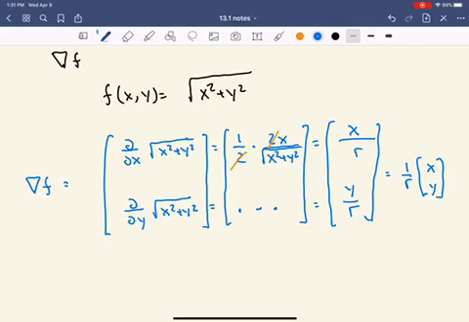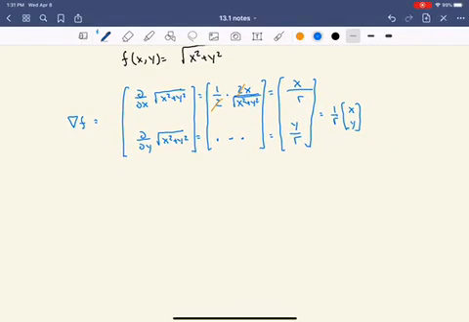Let's sketch it. That's what we're trying to do as well. Now, when x and y are both 0, there's nothing going on.